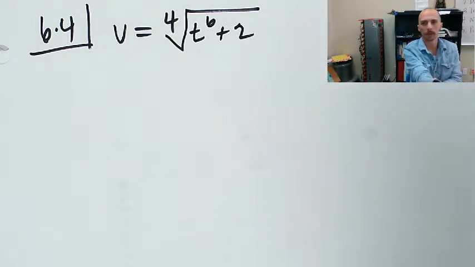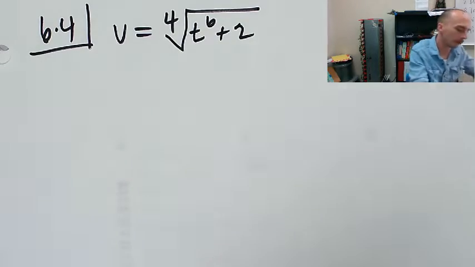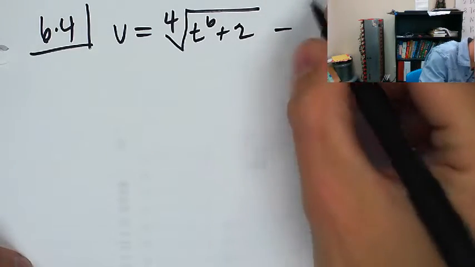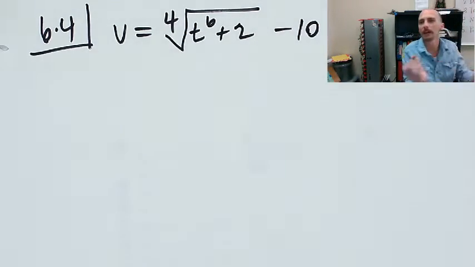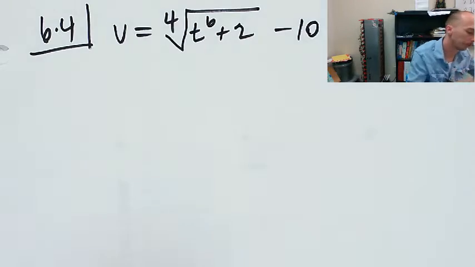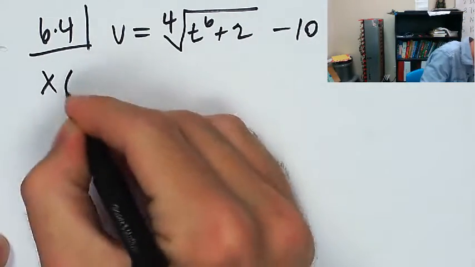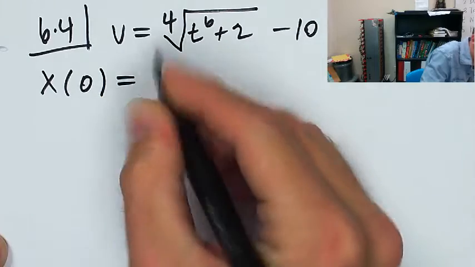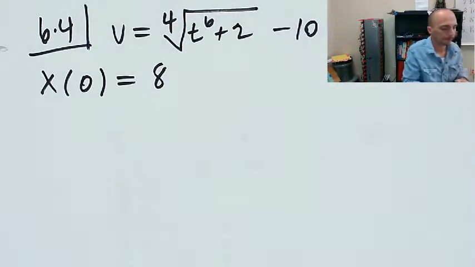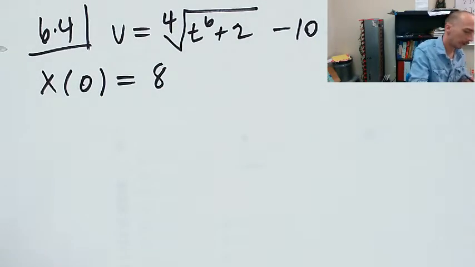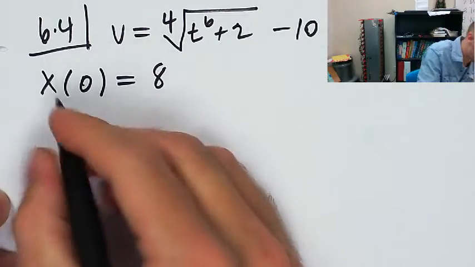But I actually probably want something that's going to go, actually, I don't really care. That this is always going to be, maybe I could subtract 10 or something so that it would be negative sometimes. Okay. Yeah, that's what we'll do. And if I want, say, suppose the position of the object at time 0 is equal to 8. Yeah, I could ask you about a displacement type situation.